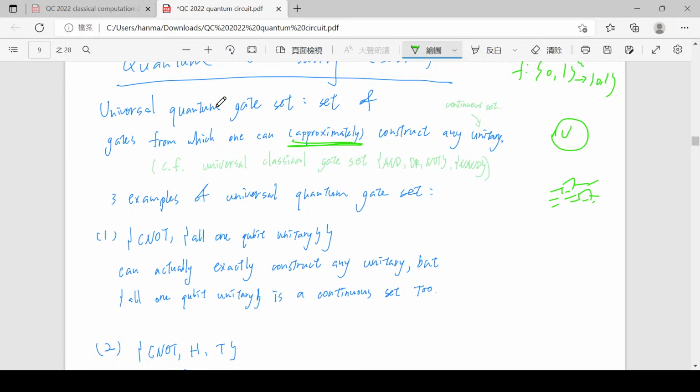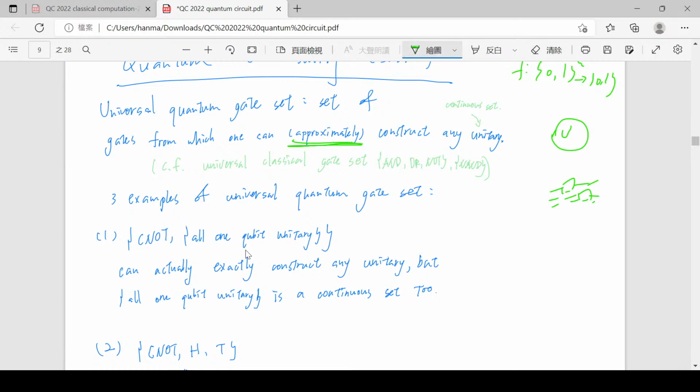So 3 sets. The first set is, well, it's actually not a discrete set. It's actually a set that has an infinite number of elements. So it's CNOT and all 1-qubit unitaries. And you can prove that this is universal.